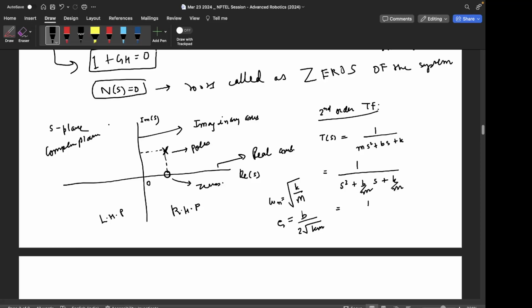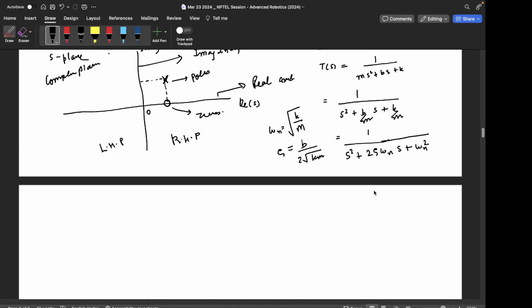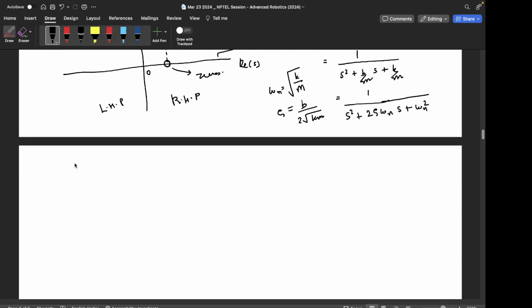So you can very easily see that you can write it in an equivalent way using damping and natural frequency like this. Okay, so I will rewrite it once again.